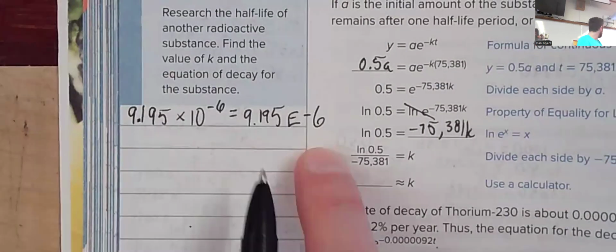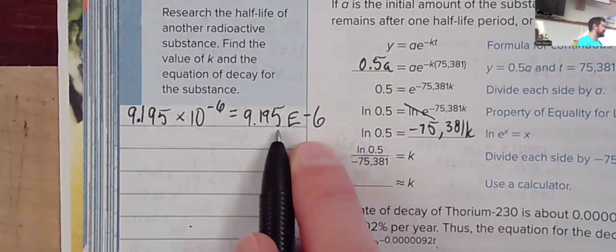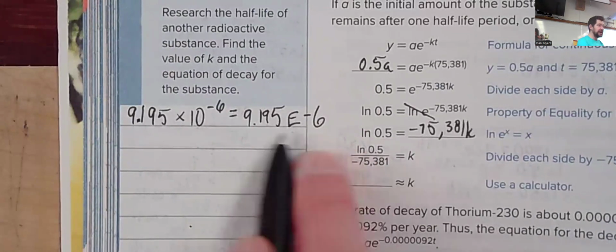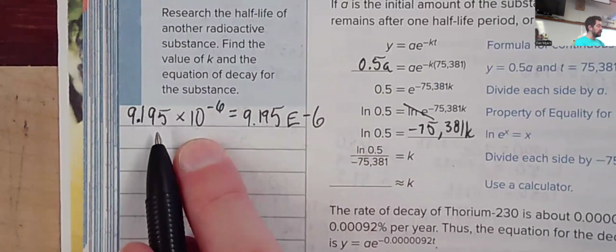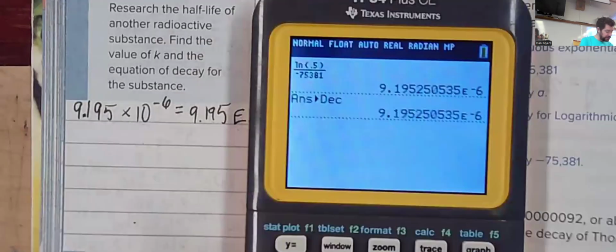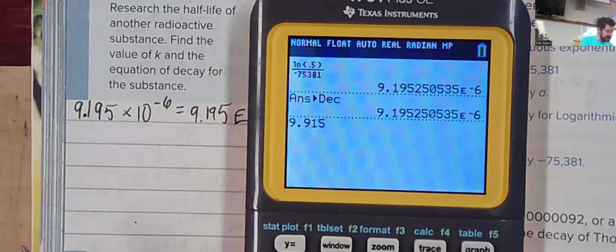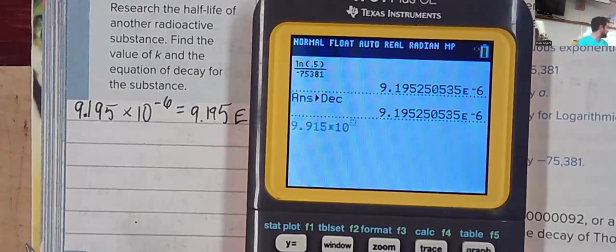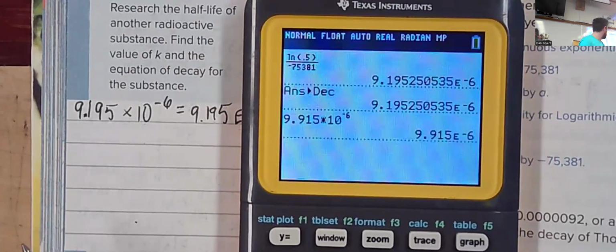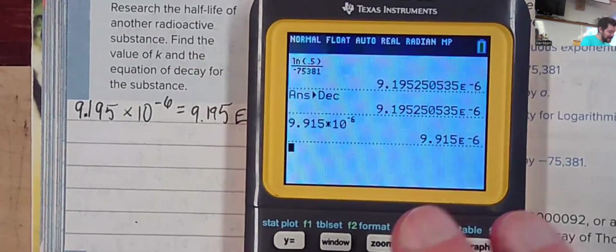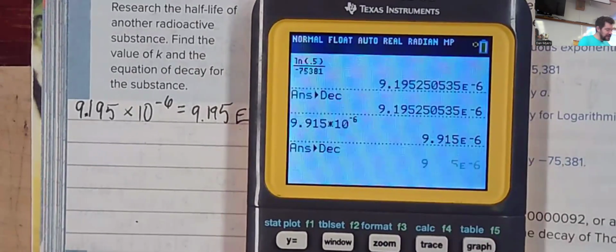So your calculator will write scientific notation like this, and we generally write scientific notation like this. If you want to, you could type in 9.195 times 10 and then raise that to the negative 6, and hopefully, shoot, it didn't do it. It kept it in scientific notation. It was worth a try.